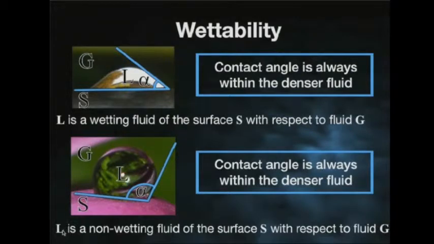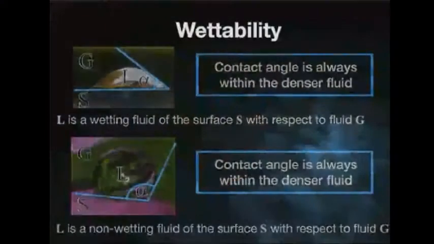And now I will say that L is a non-wetting fluid of the surface S with respect to fluid G. If the contact angle is smaller than 90 degrees, we say that the denser liquid is a wetting fluid with respect to the other fluid. If the angle is larger than 90 degrees, we say that the denser fluid is non-wetting of the surface S with respect to the other fluid G.